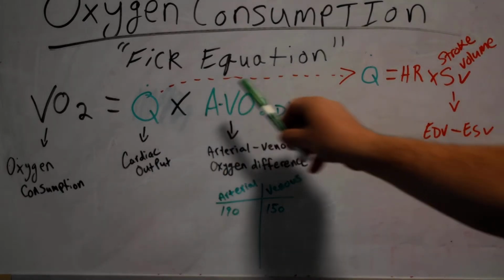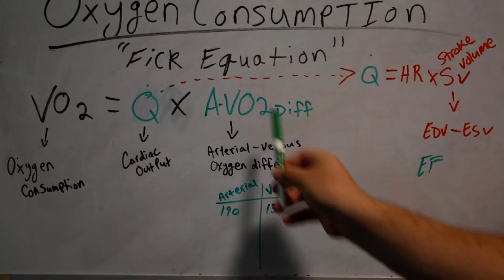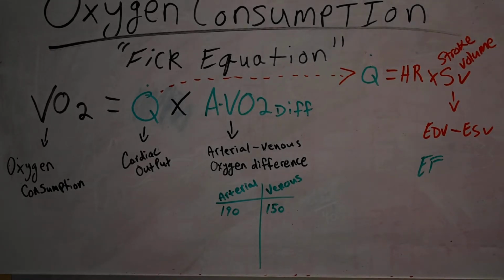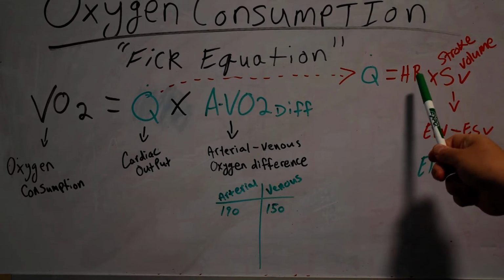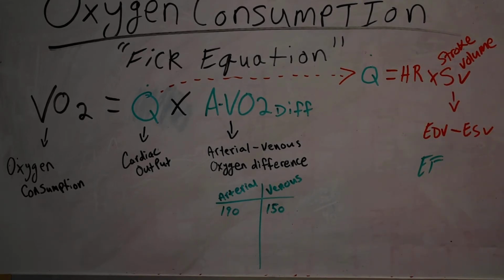It's important to understand the physiological concepts behind oxygen consumption, remembering that cardiac output is always the product of heart rate times stroke volume.